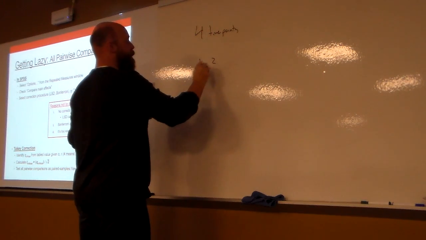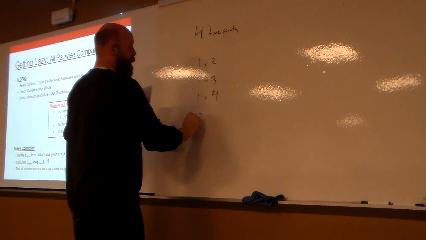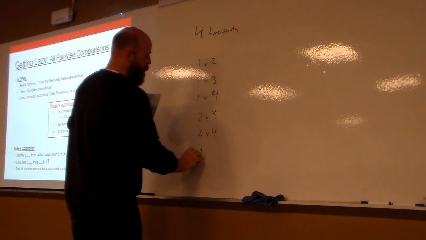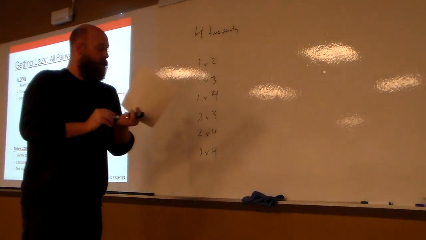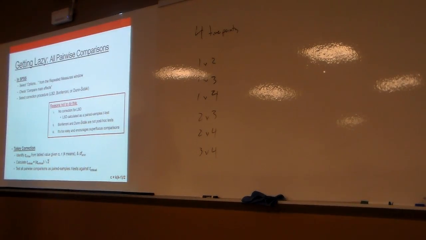It's going to give me 1 versus 2, 1 versus 3, 1 versus 4, 2 versus 3, 2 versus 4, and 3 versus 4. If I select Fisher's LSD, it's just going to give me a paired sample t-test for each one of these. If I ask for Bonferroni or Dunn-Sidak, it's going to give me a paired sample t-test with a Bonferroni or Dunn-Sidak correction for 6 different tests.